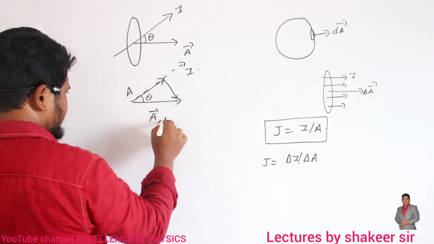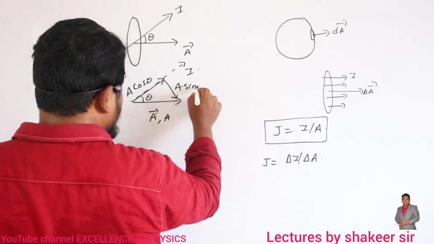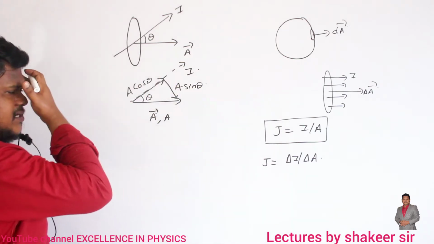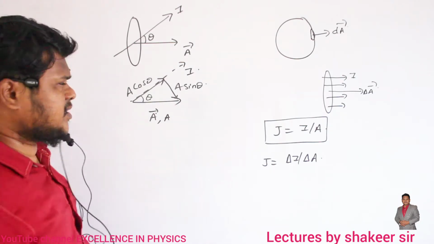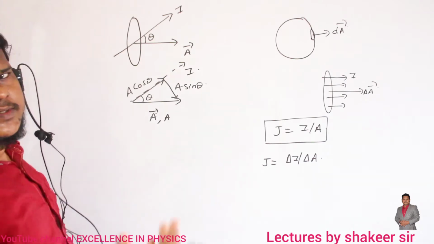The magnitude is A, so the adjacent side is A cos theta and the opposite side is A sin theta. We take the components in the same direction: current is in this direction, and A cos theta is also in the same direction.